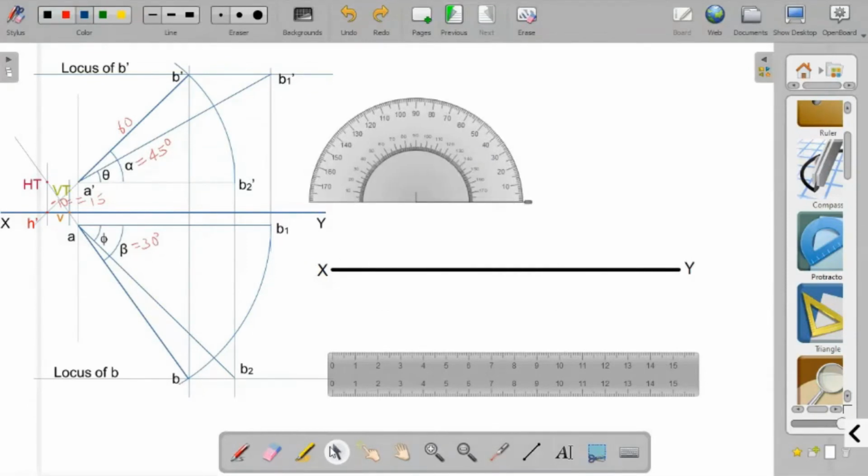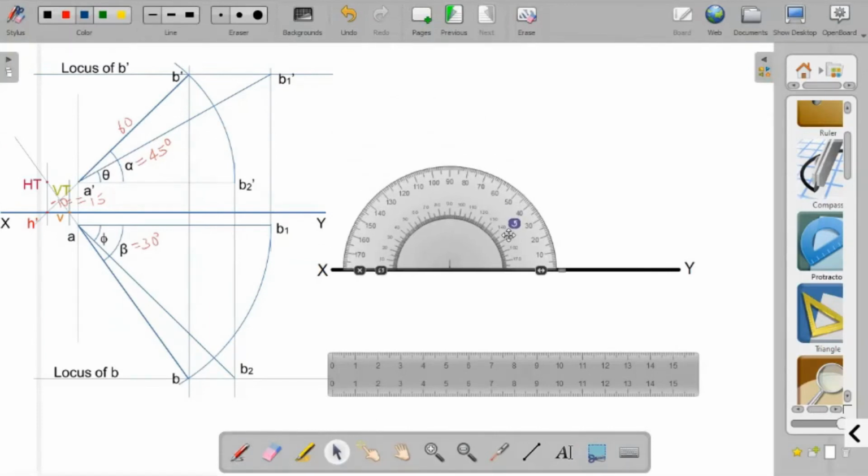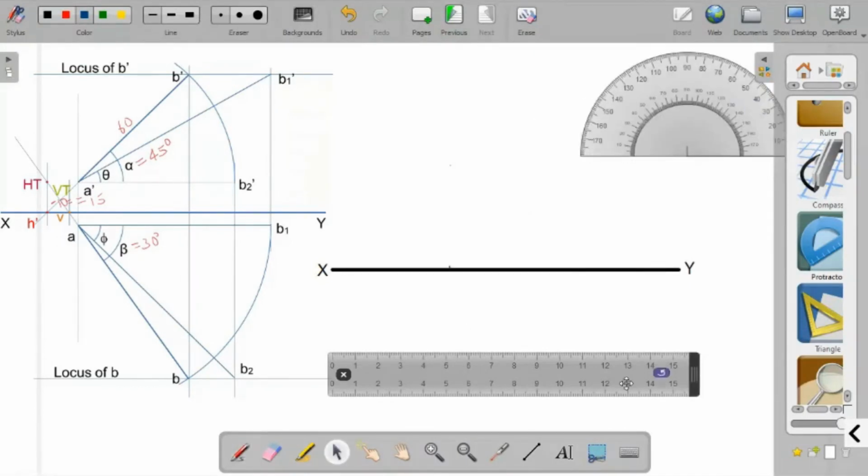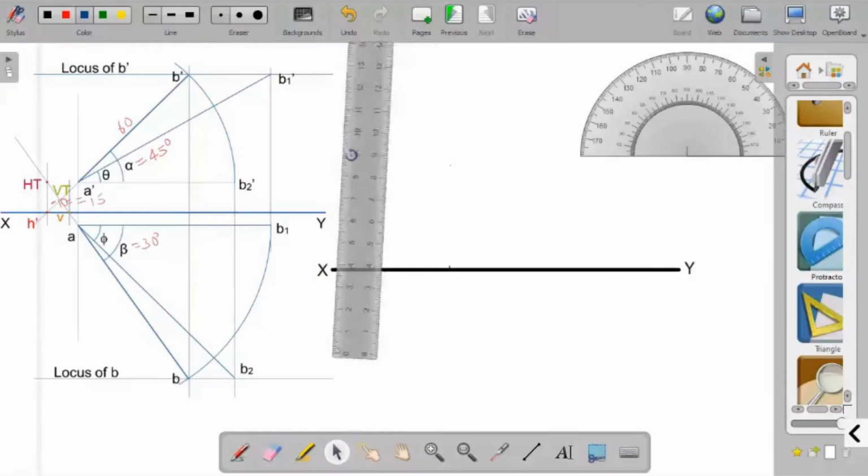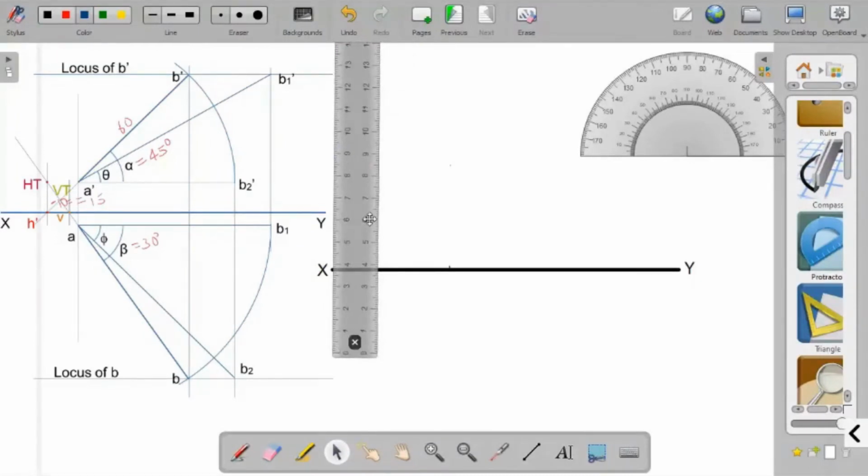First I mark a point somewhere here, and use the scale.